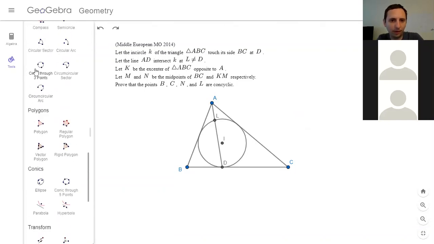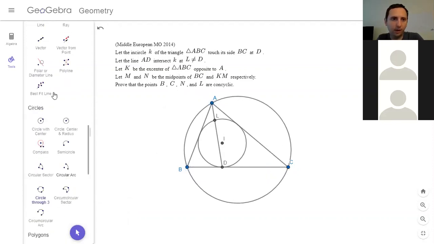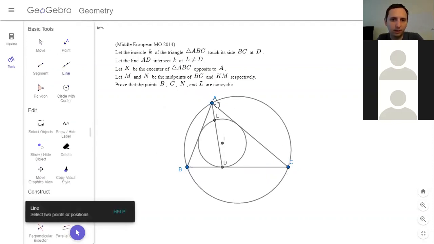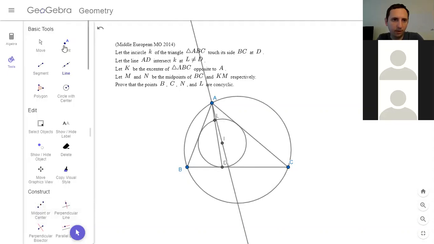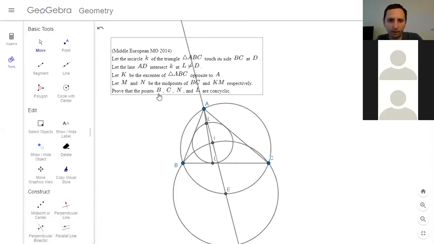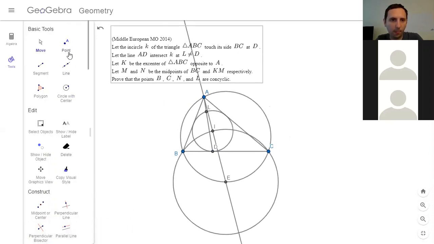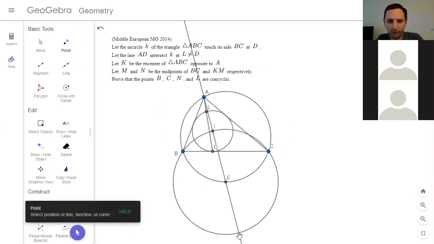So what if I just did this and then I draw this circle? So the other intersection point is the excenter, right? So K, so this is point K.